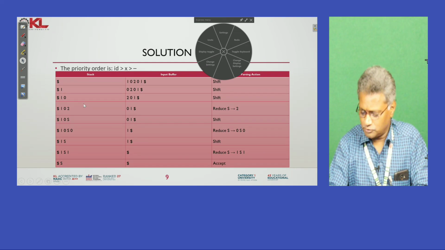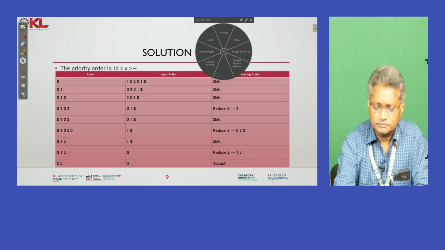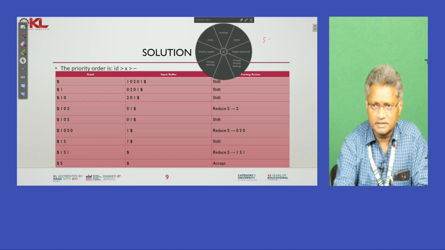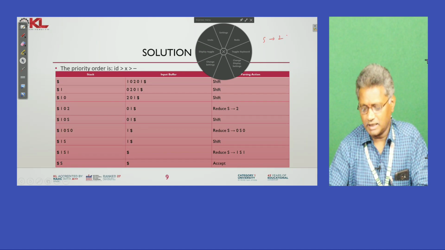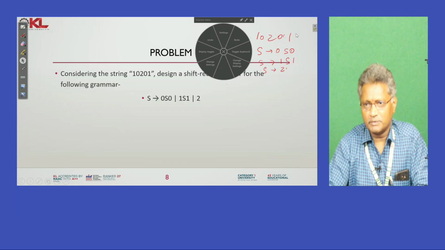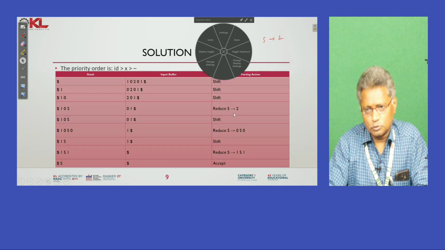We have the production S derives 2 in the grammar. Applying S derives 2 is the reduce action.